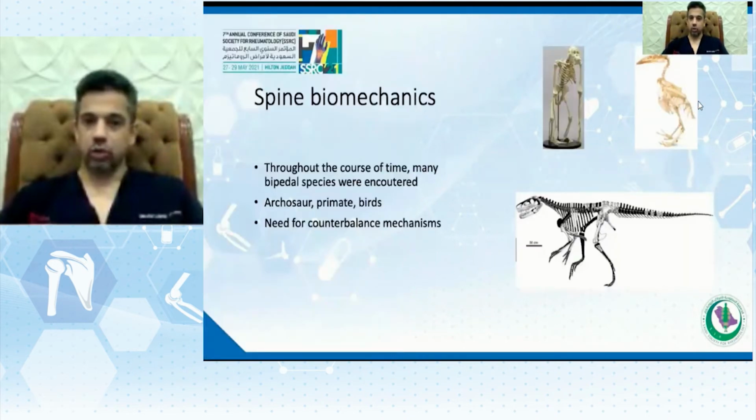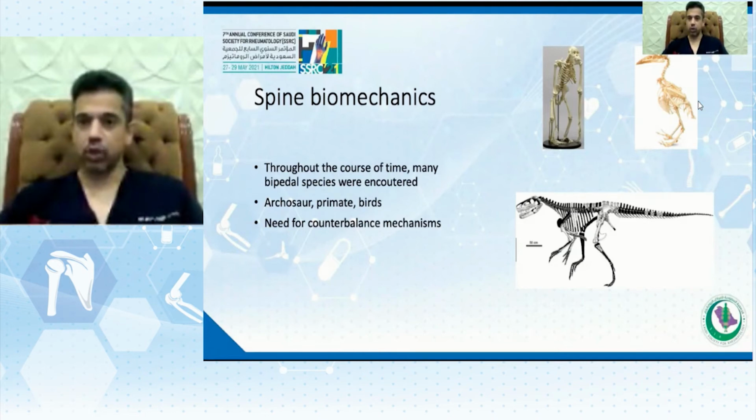It's well known throughout the course of time that some creatures, like Archosaurus, walked on two legs with a counterbalanced spine, because the head with the long neck at the front and the tail at the back gave that dinosaur the ability to walk due to the counterbalance mechanism.